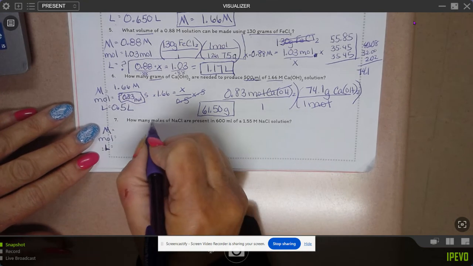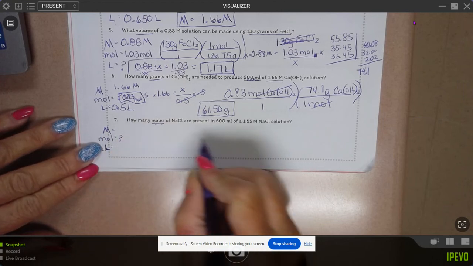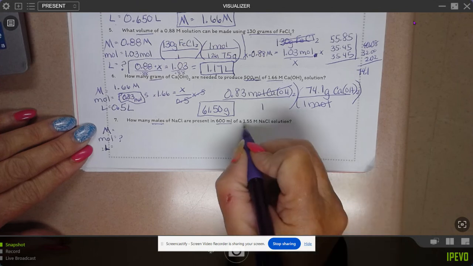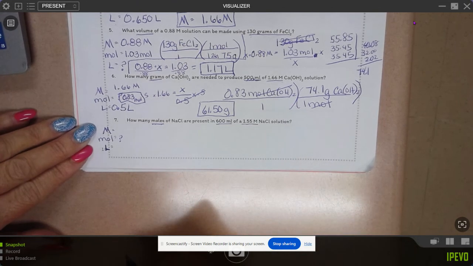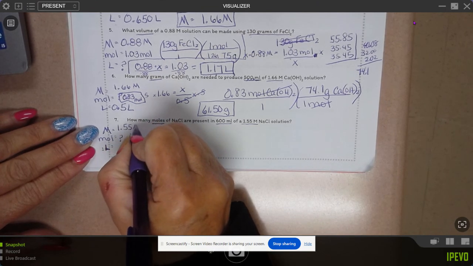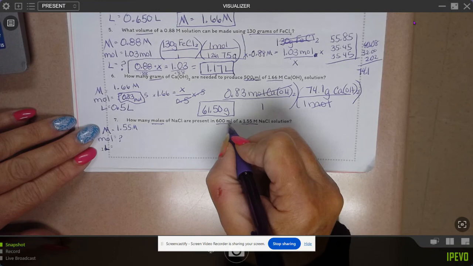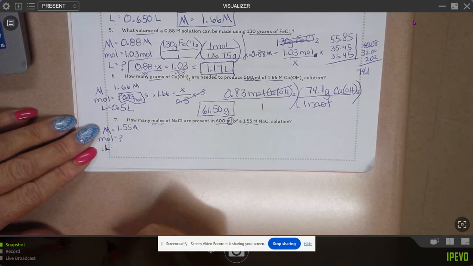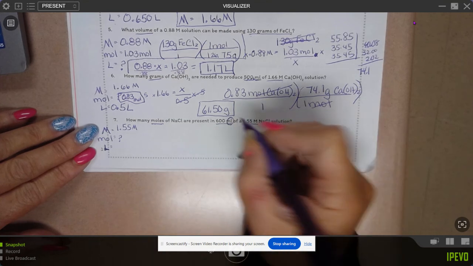How many moles, so we're looking for moles, of sodium chloride are present in 600 milliliters of a 0.155 molar NaCl solution? So this one I've got 1.55 molar. And it's telling me I have a 600 milliliter of solution.